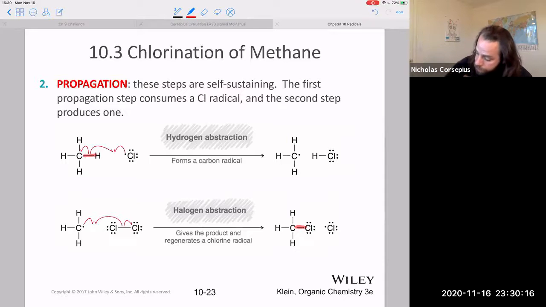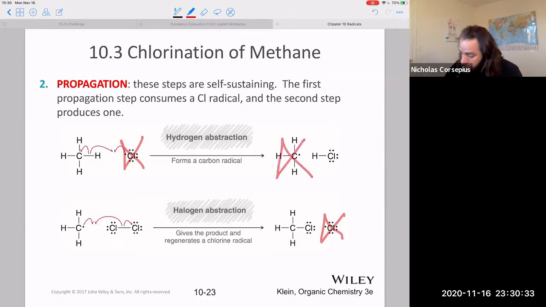Now, note that certain things appear in both steps, and thus I can cancel them out, right? I have a chlorine radical over here and a chlorine radical over here. Likewise, I have this carbon radical over here and this carbon radical over here.